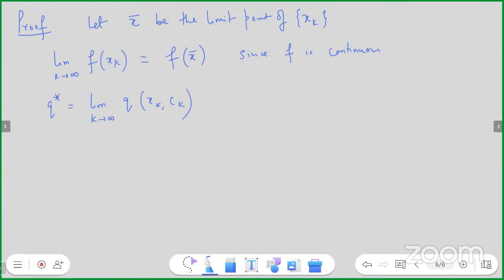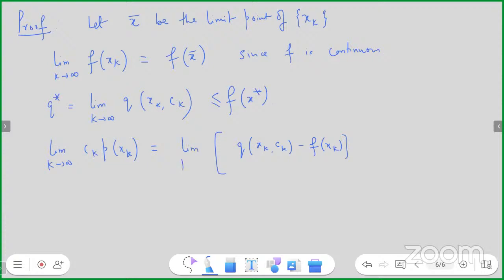That this is less than or equal to f of x star. Right? Now, what is the limit of c_k times p of x_k? By definition, it is nothing but q of x_k, c_k minus f of x_k. Limit of that, just by definition.